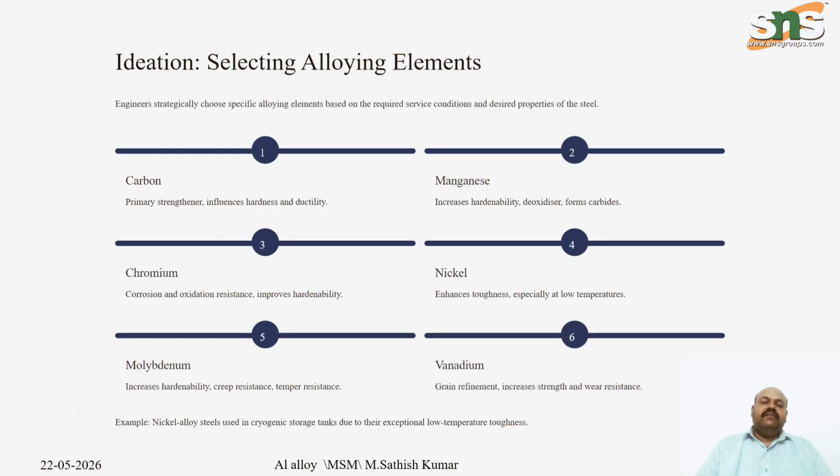And the different alloying elements are carbon, manganese, chromium, nickel, molybdenum, vanadium. Each alloying element will have different effects on the steel. So carbon influences hardness and ductility. Manganese increases hardenability, acts as a deoxidizer, and forms carbides.